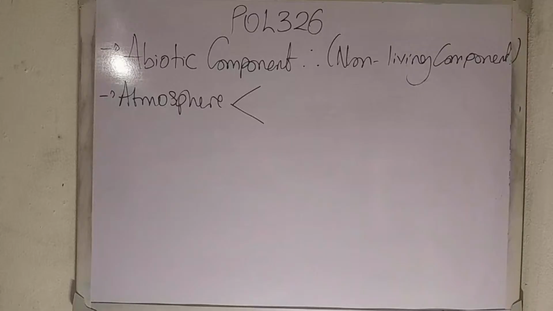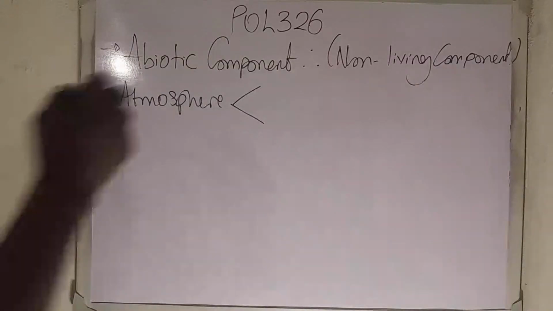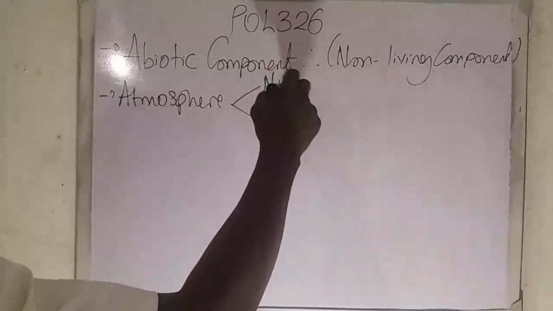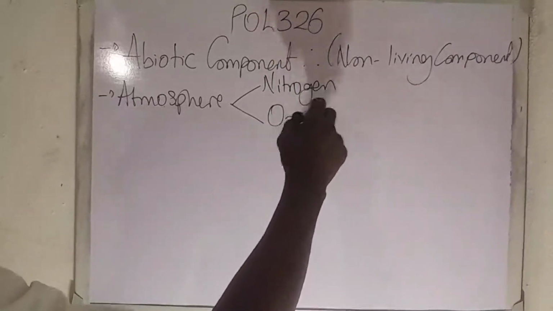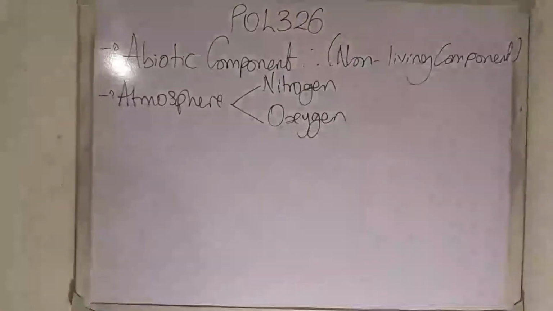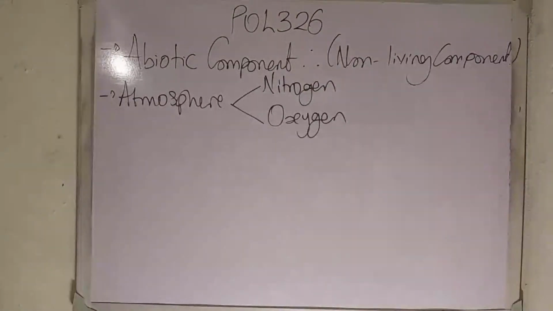It acts as a shield for the planet's gravity. Now, under this atmosphere, we have nitrogen and we have oxygen, and they happen to be the main components of the atmosphere.